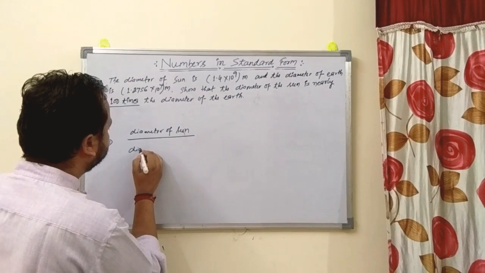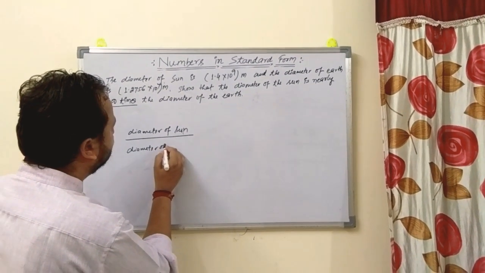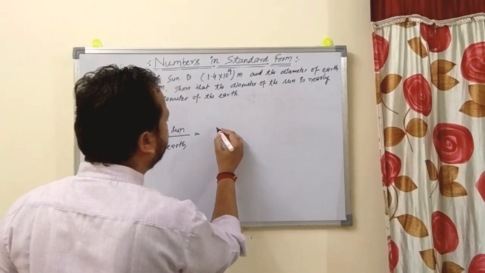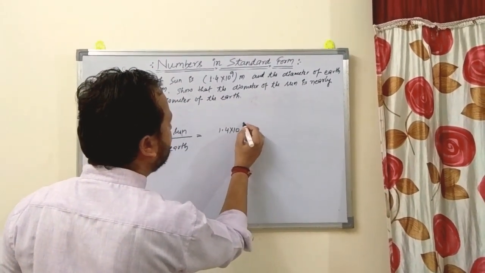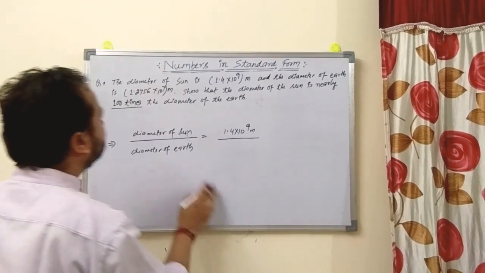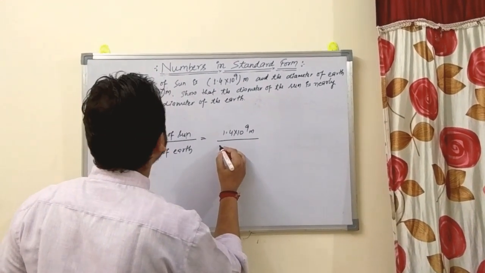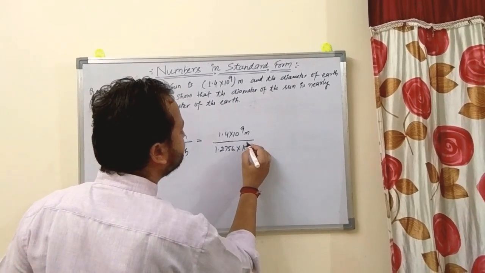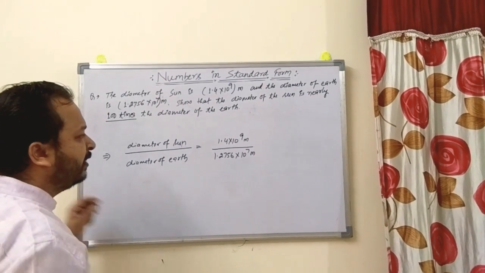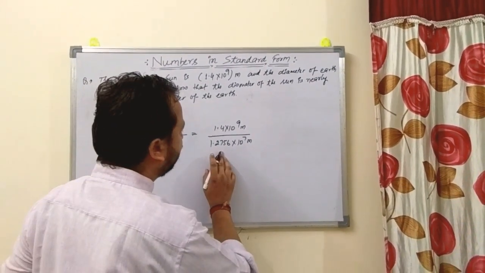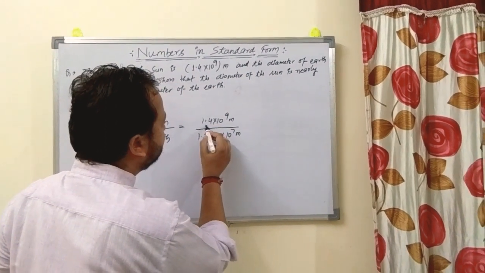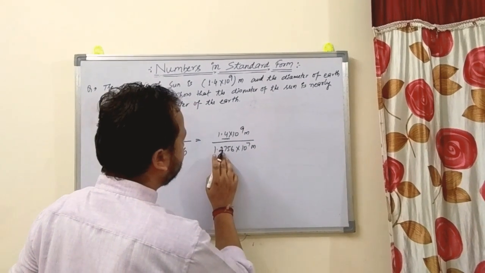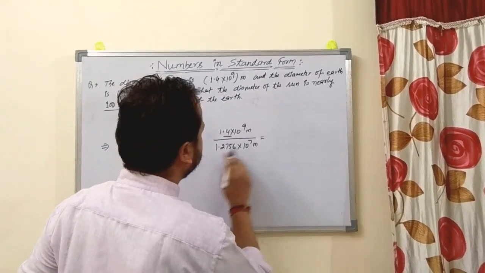So diameter of sun divided by diameter of earth. Diameter of sun is given as 1.4 into 10 to power 9 meter, where the diameter of earth is given as 1.2756 into 10 to power 7 meter, right? Here the decimal part is only one digit, so take decimal part at one digit here also.